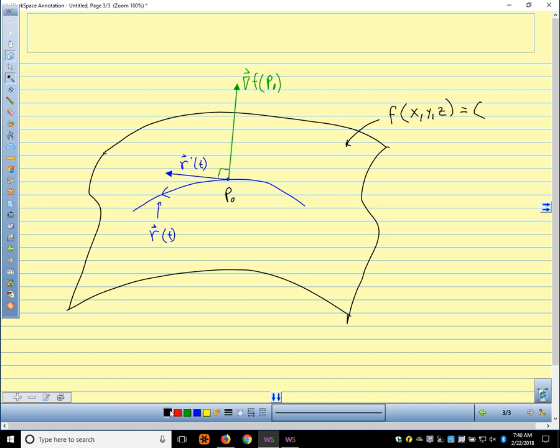And if we have a tangent plane at that point, del F would be the normal vector to the tangent plane.